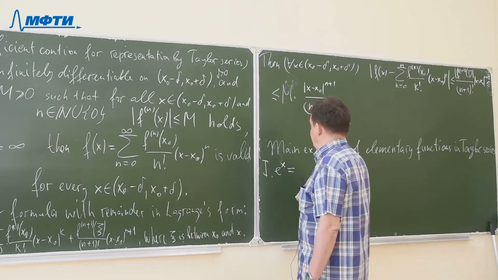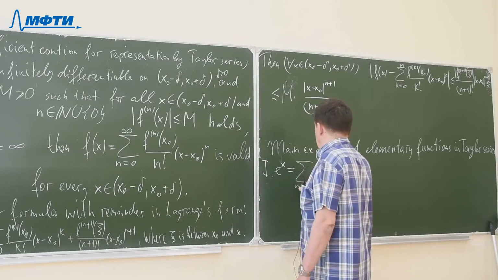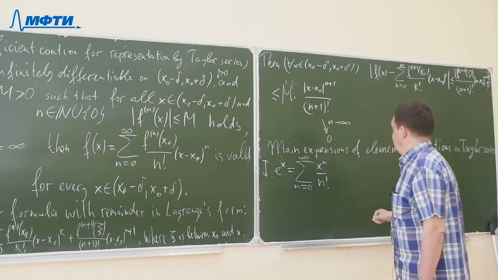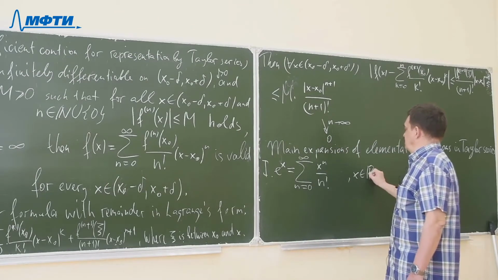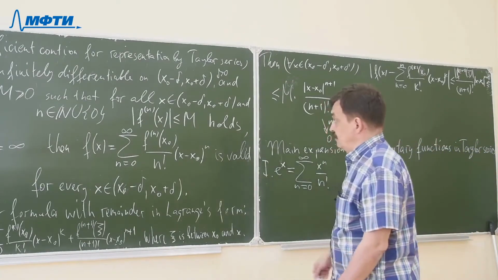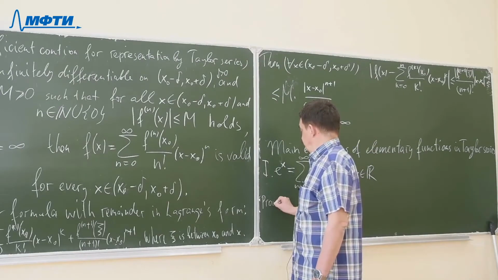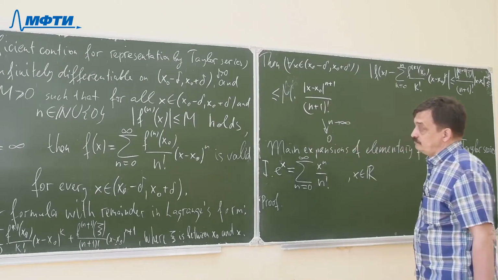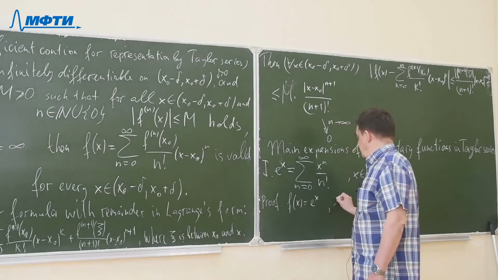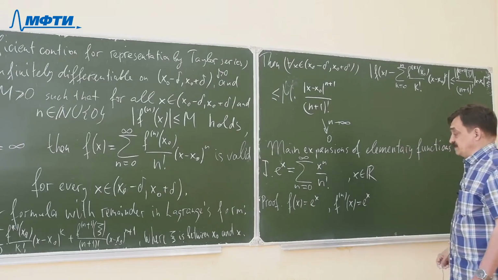So the first one is for the exponential function. So what was written with a question sign, now we can write without the question. This is valid now for all x in R. Why? We apply theorem 1. So proof. f of x equals e to the power x, and the derivative equals e to the power x once again.